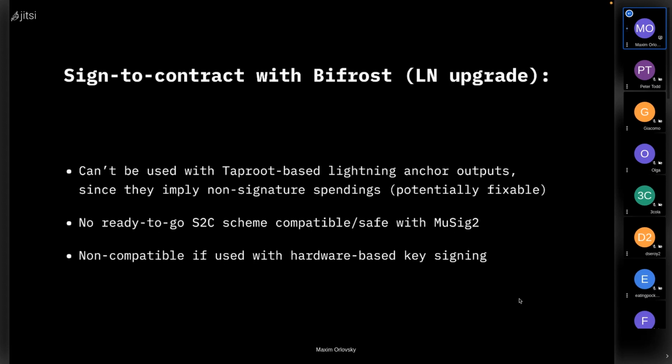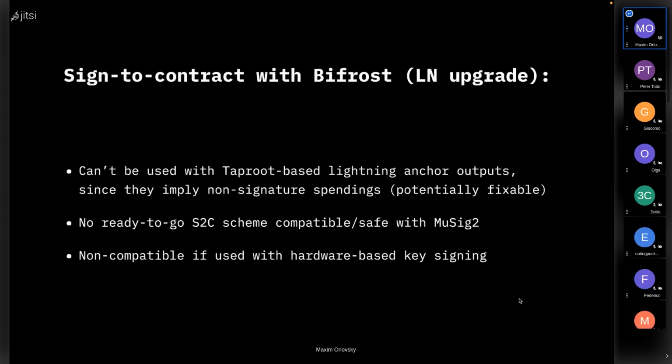Moreover, sign to contract can't be used with Bifrost in all of the cases. Because first of all, those anchor outputs, which I just described, have non-signature path spendings. We can fix that by requiring that these path spendings requiring no signature can be spent with any signature of the channel participants. So it wouldn't create a security vulnerability, but again, it's a drawback.